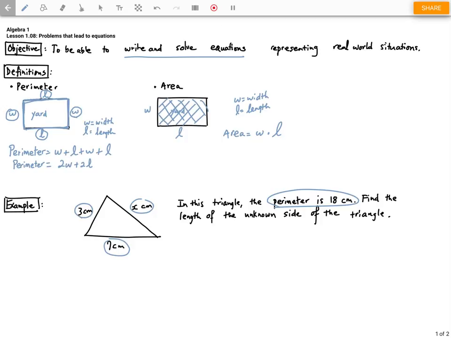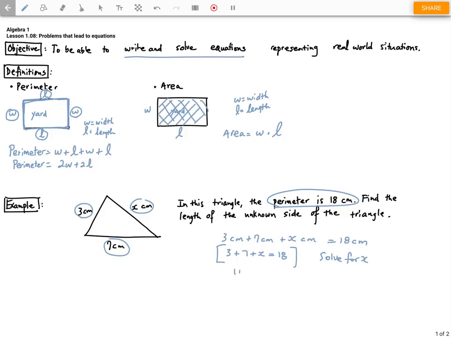So we can say 3 centimeters plus 7 centimeters plus x centimeters equals 18 centimeters. So 3 plus 7 plus x equals 18, and solve for x.